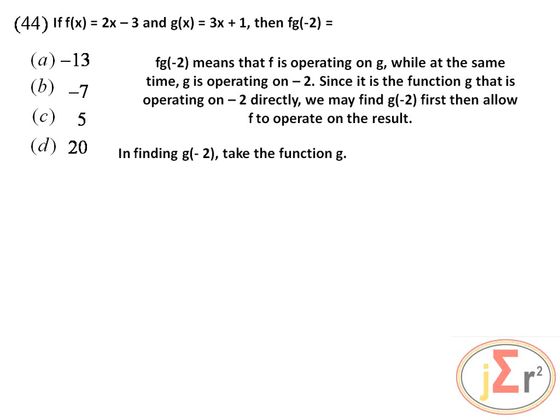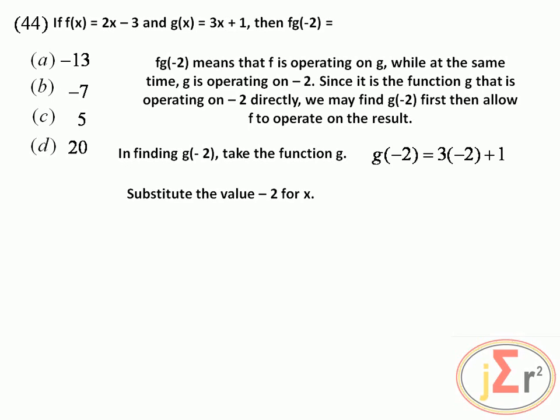In finding g of negative 2, take the function g. What is g equal to? G of x is equal to 3x plus 1. Substitute the value of negative 2 for x. So where we see x, we put negative 2. So g of negative 2 is equal to 3 times negative 2 plus 1.